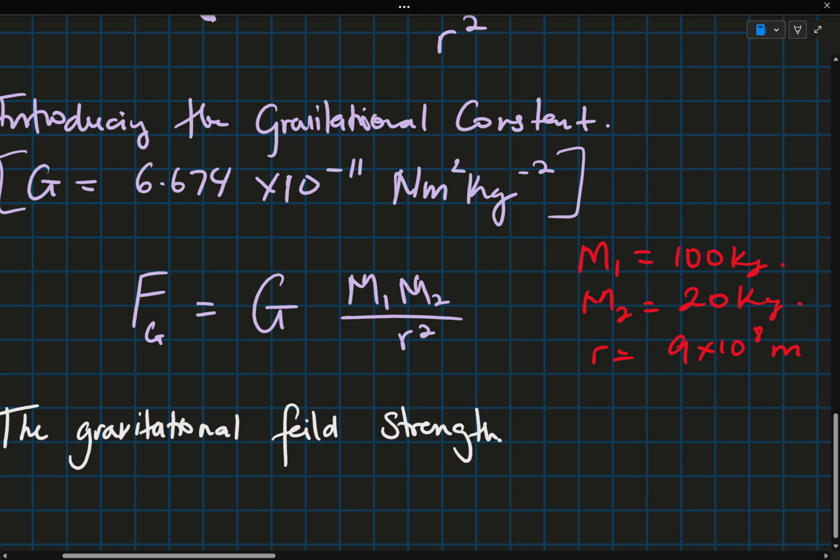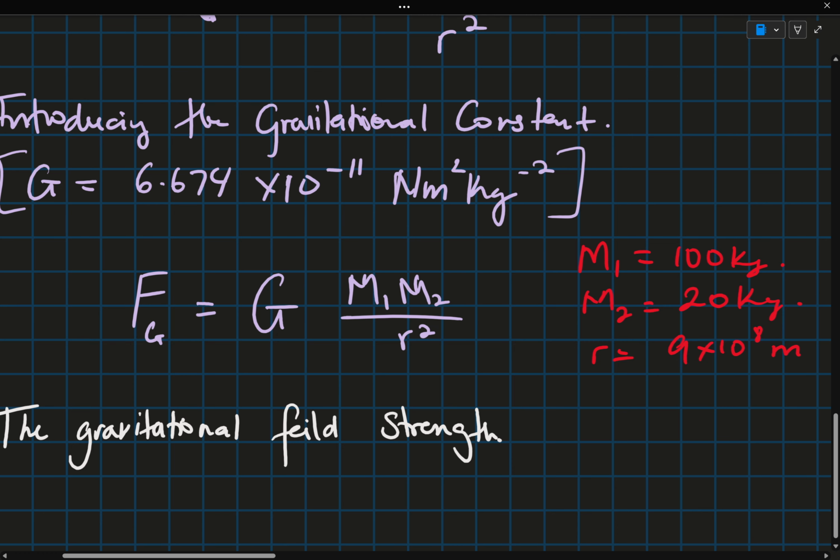Distance. R represents the distance between m1 and m2. Alrighty, so we have that there.